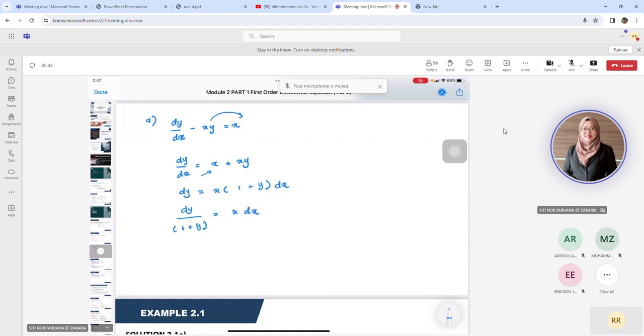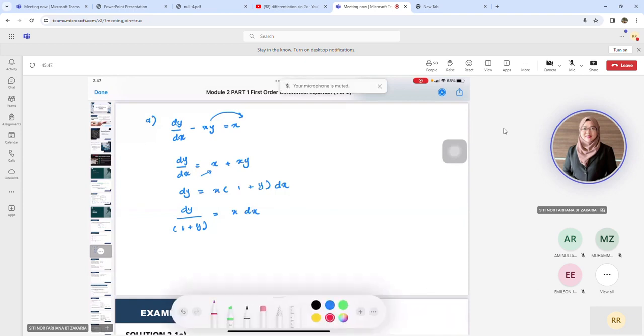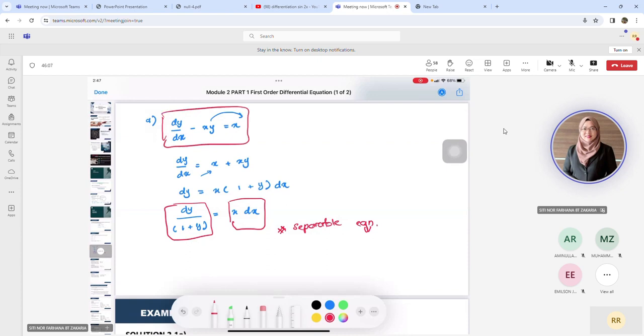So we have variable y here on your left and x on your right. So this is separable equation. To find solution for this DE, you can use separable method. Okay?